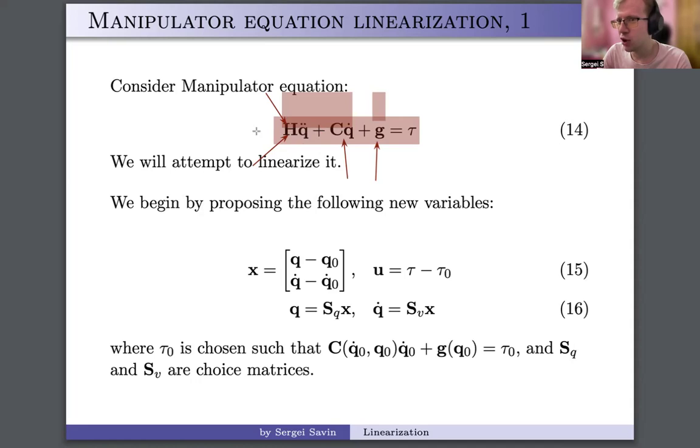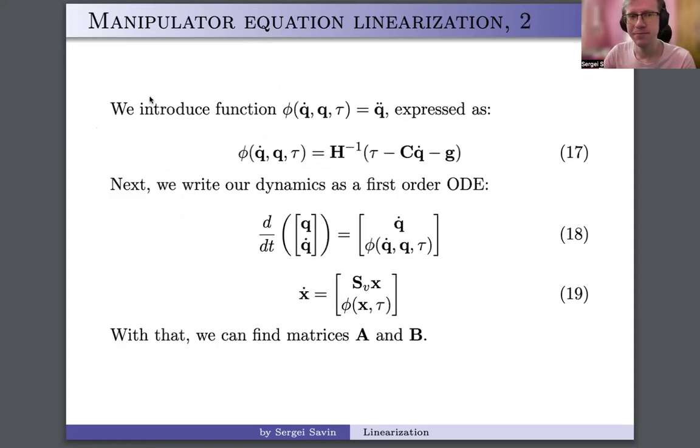You can imagine more complicated cases where the coordinates that you choose happen not to be generalized coordinates, so they're not independent, for example. Then you can have trouble. But for simple cases, usually you would have your generalized coordinates, and H would be a full rank matrix, so it would be invertible. Okay.